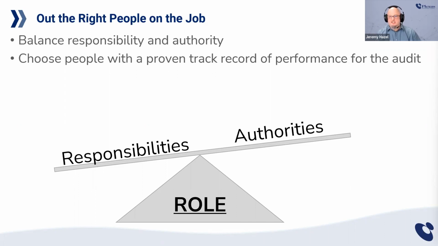If you choose somebody that does not have a proven track record of being able to build bridges, you will never have an effective audit program. Or if you task somebody with the responsibility for something and they do not have the corresponding authority, you will never get the right level. That will lead to a culture of blame.